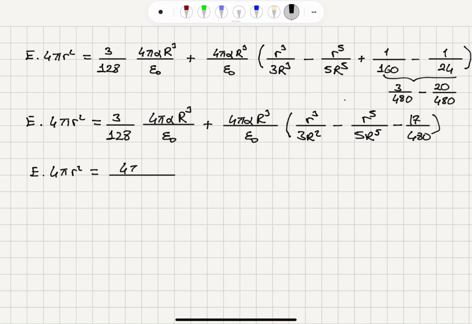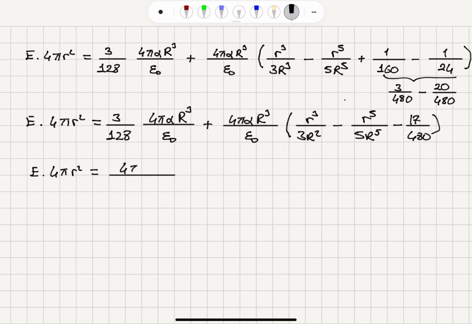Then I have minus R to the 5th power divided by 5 capital R to the 5th power. So if I work on this one, this is multiplied by 5, 45 over 1920, and this is multiplied by 4, 68 over 1920.